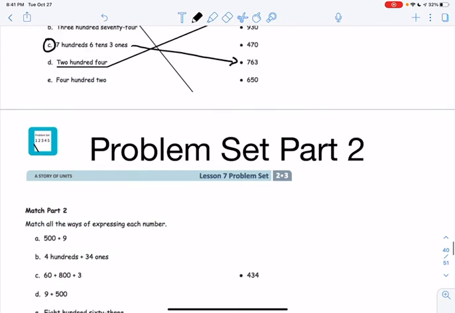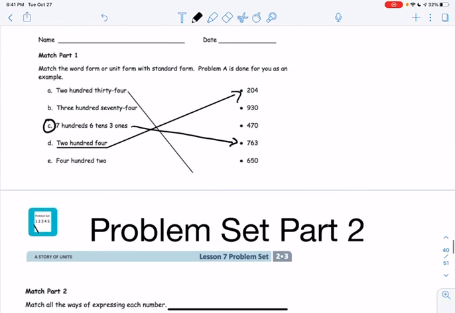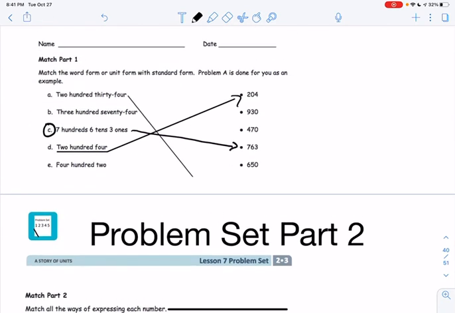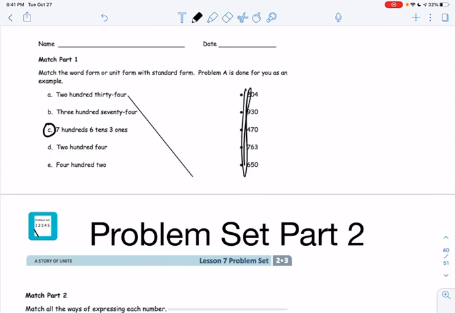Now, what is interesting is I notice now that these ones actually do not all match up. I'm not sure what's wrong with that, but I'm going to get rid of these and we're just going to solve them together. So let's go ahead and erase this and let's erase this. So we have 234 for the first one.